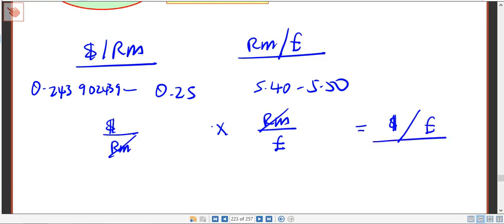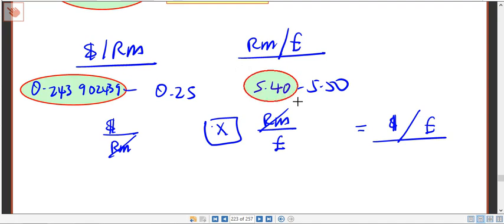This time pound is the base. Dollar becomes the first currency. So what are you going to do? What did I teach you if you're going to cross? Multiply means you take the low rate and multiply with the low rate. Divide only, you cross it, okay? Remember, crossing, divide only, you rarely cross it. In this case, this times this.